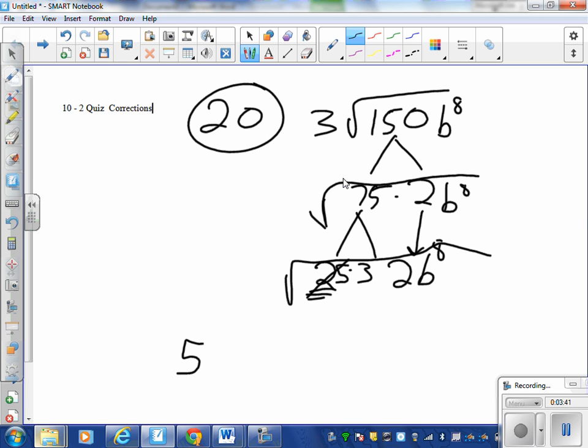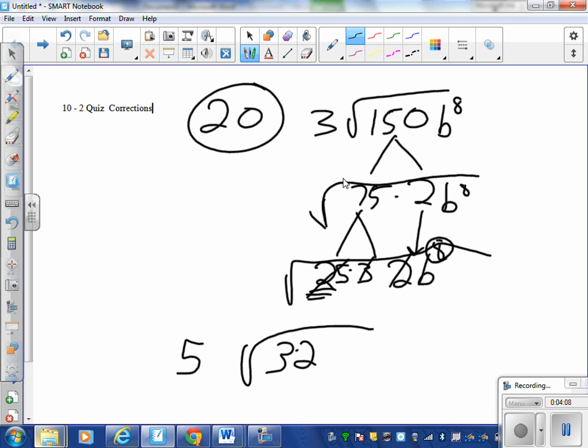What's the square root of 3? There isn't one, so I leave that inside. What's the square root of 2? There's not one, so that stays inside. And I'm looking for the square root of an exponent for this 8. To find the square root of 8, you have to take half of it. So what's half of 8? 4.